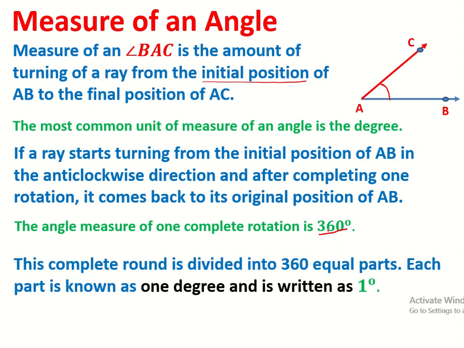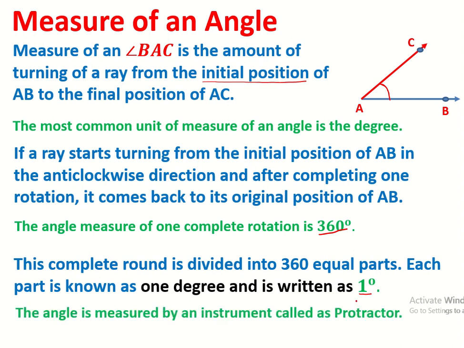That means this complete round is divided into 360 equal parts, where each part is known as 1 degree and is written as 1 with the degree sign as a superscript. And this angle is measured by an instrument that we have in our geometry box, known as a protractor. Now, based on the measure of these angles, we have different types of angles.